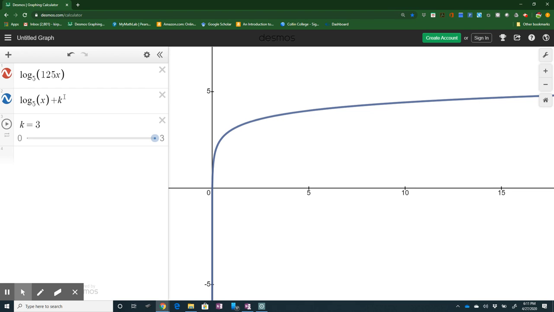So, I mean, I nerd out about this because for logs, it means that, let's see, you have 125 on the inside, so that's going to be a compression by a factor of 125.